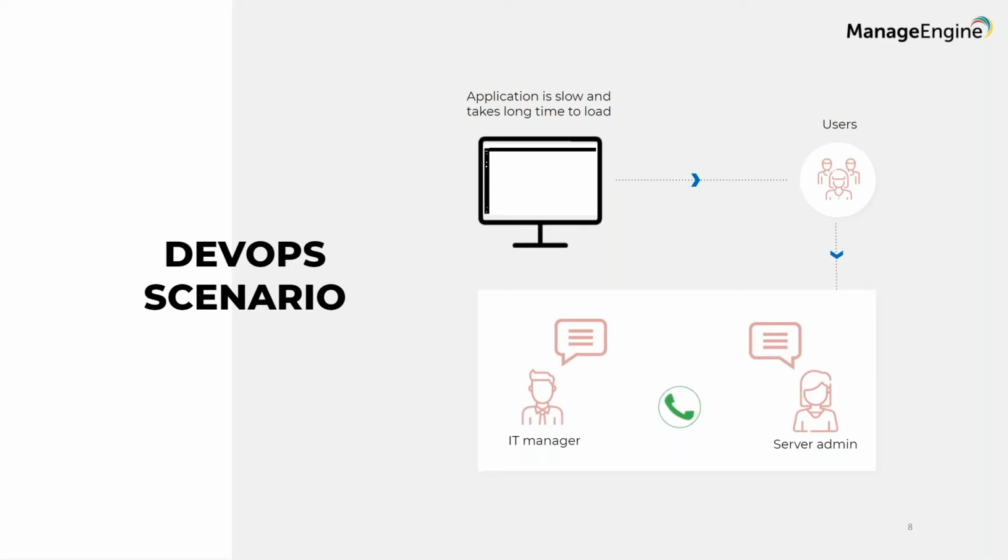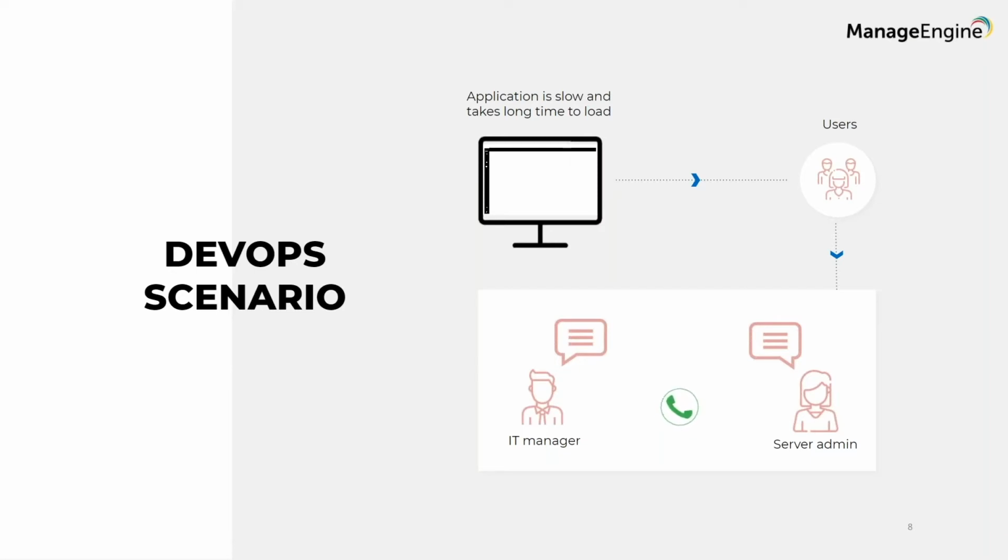Say, for example, the team is getting a complaint from the end users saying that the application is slow and takes time to load. The team has to immediately react and fix the specific issue reported by the customer. This is escalated to the server admin and then goes to the IT manager, and all this involves a considerable amount of time, right? This is a common scenario in DevOps whenever an application performance issue arises.